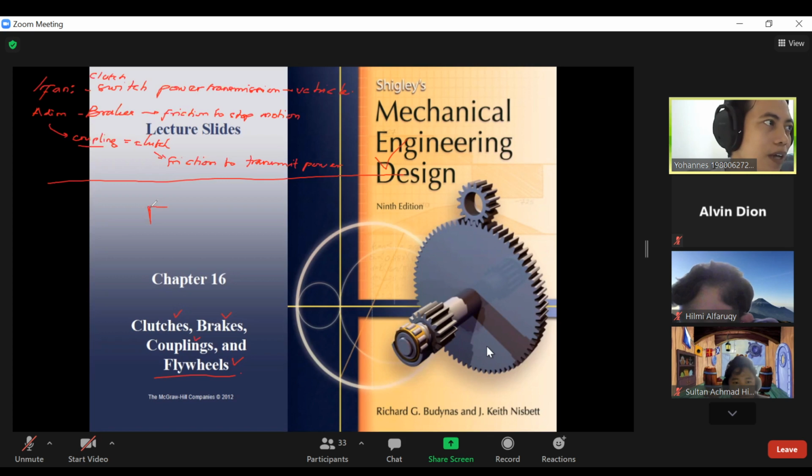I know that you are already familiar with the internal combustion engine, even though this internal combustion engine maybe will lose its position in vehicles soon. Here we have the piston, here we have the connecting rod, and here we have the crankshaft. If we see this component from the left side, we will have this kind of structure.